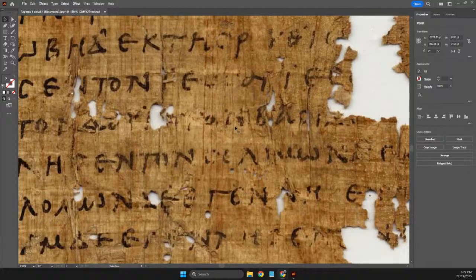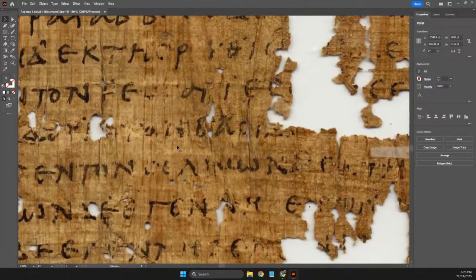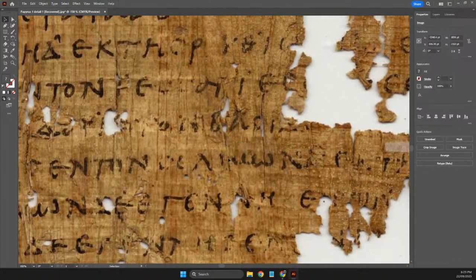Then it says ton basilica, or basilia, sorry. Basilica is kingdom, basilia is king. So it says David, and then that's it. That's a tau, an omicron, and a nu, and then a vita for basili.